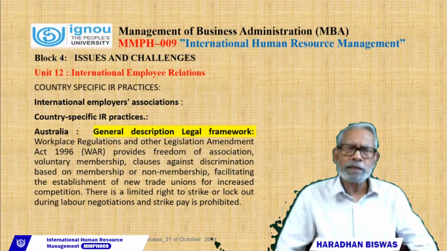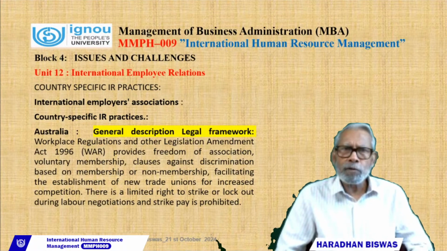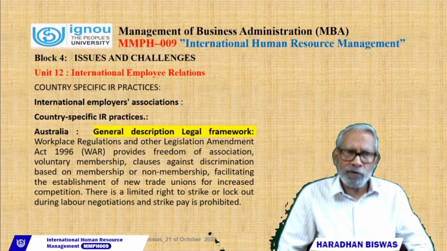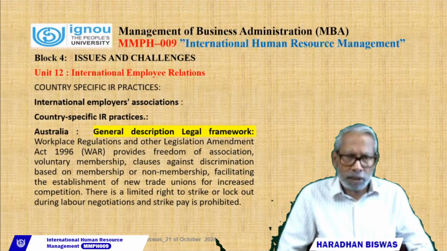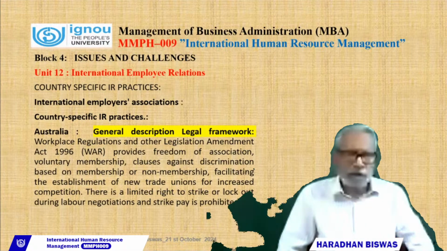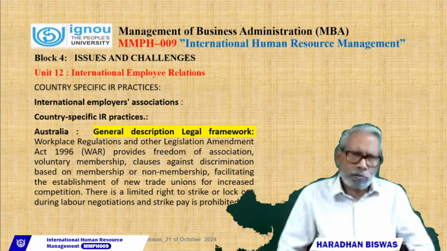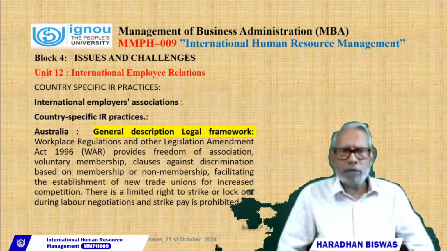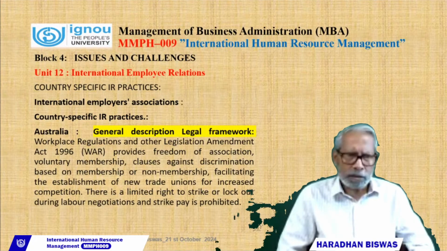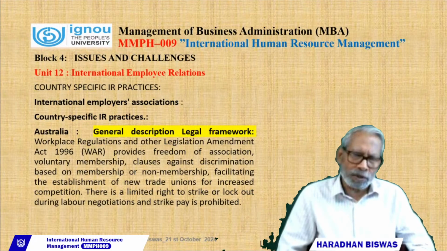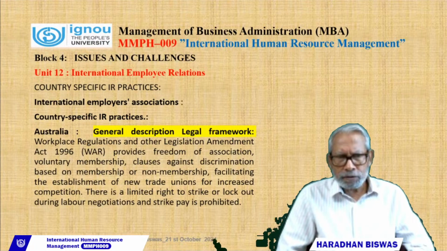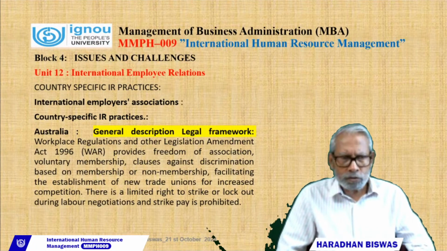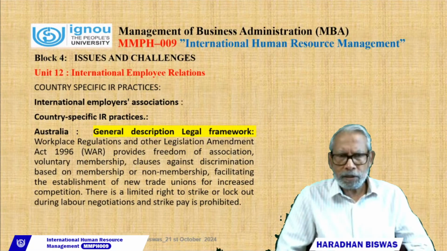The legislation amendment Act of 1996 provides freedom of association and voluntary membership, then clauses against discrimination based on membership and non-membership, and the establishment of new trade unions for increased competition. There is a limited right to strike or lockout during labor negotiations, and strike pay is prohibited.